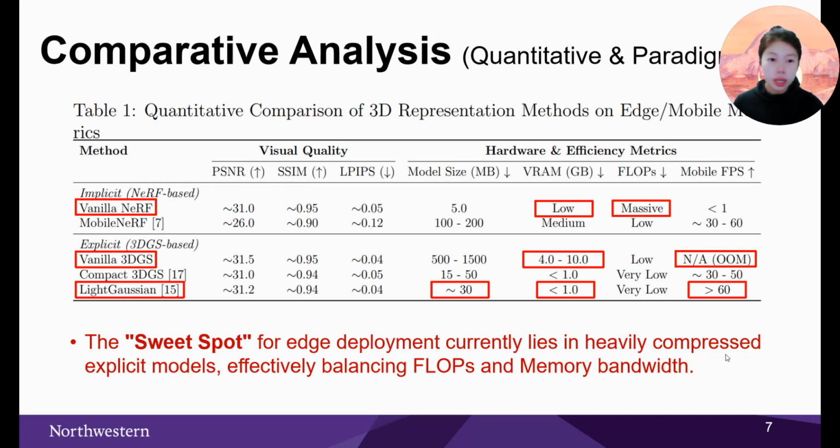By combining pruning and quantization, LightGaussian reduces the model size to about 30 megabytes, while keeping the RAM usage below 1 gigabyte. More importantly, it can achieve over 60 frames per second on mobile hardware.